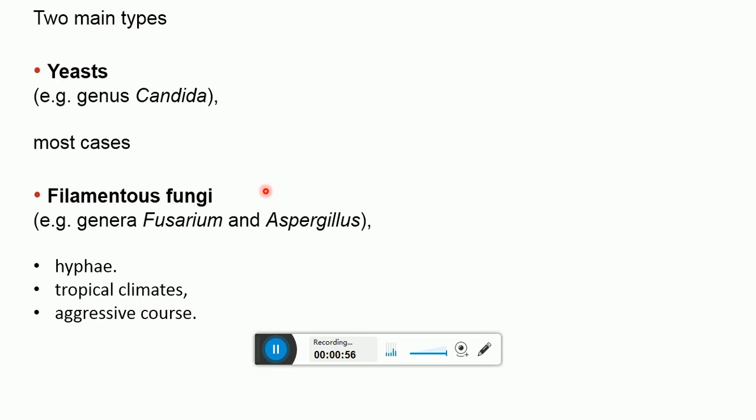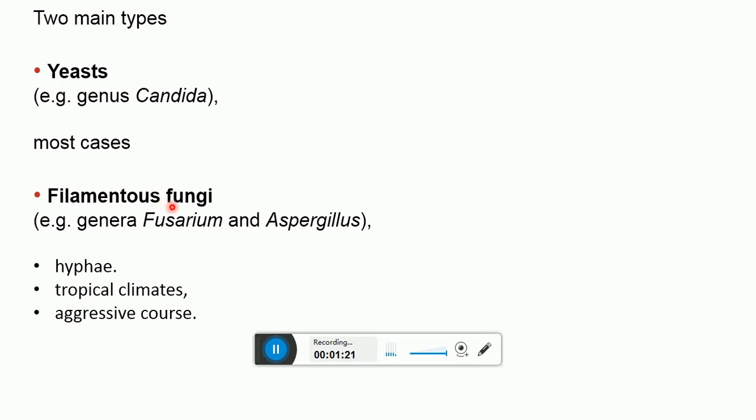There are two main types of fungi which cause keratitis: yeast and filamentous fungi. The common yeast are of the genus Candida. They are ovoid unicellular organisms. They reproduce by budding. They are responsible for most cases of fungal keratitis in temperate climates.